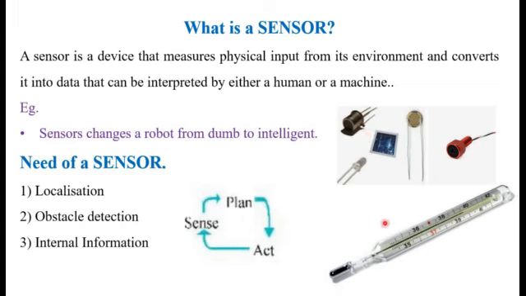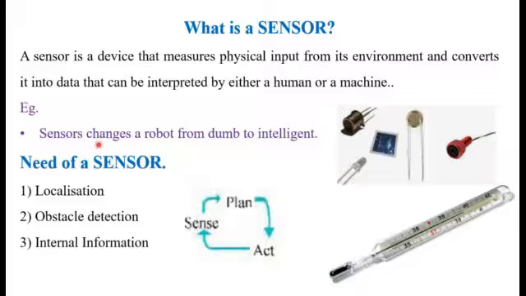But in this simple case of the thermometer, it presents visual data. This sensor senses the environmental condition, that is the temperature, and gives a physical signal. So these are the simple sensors.